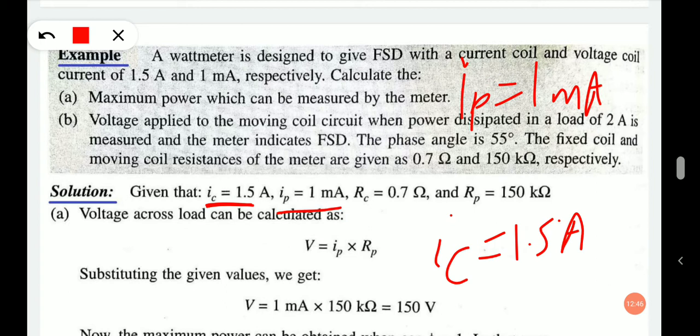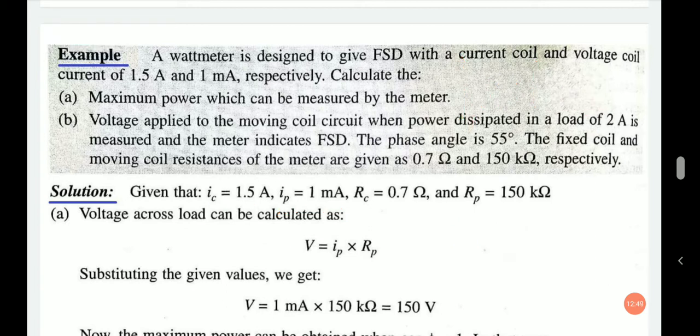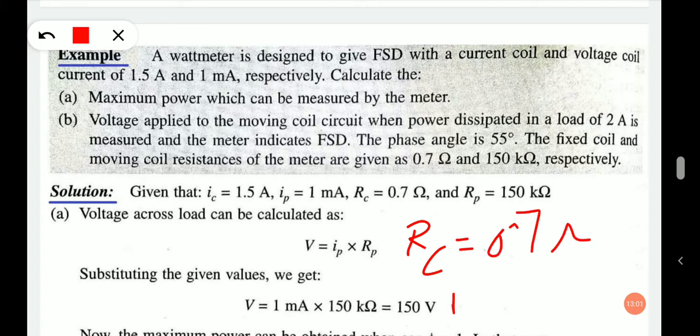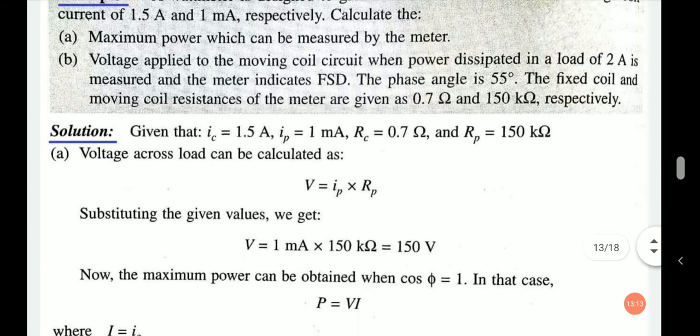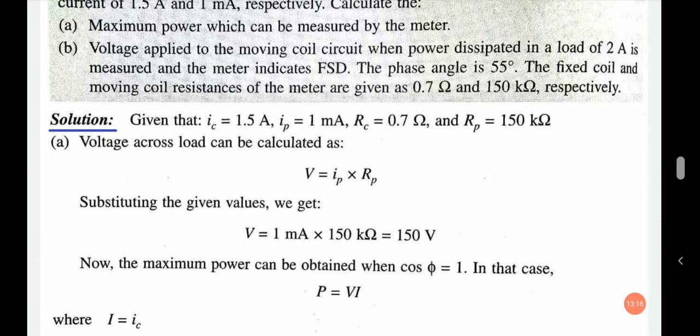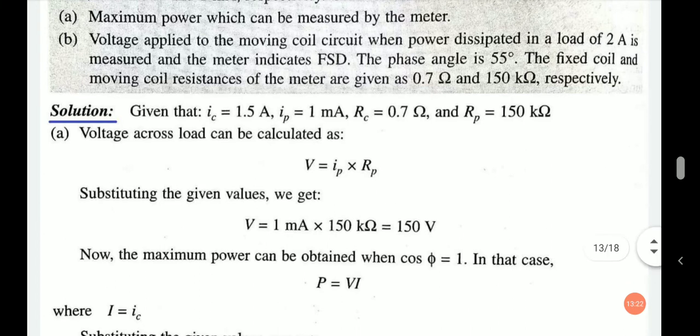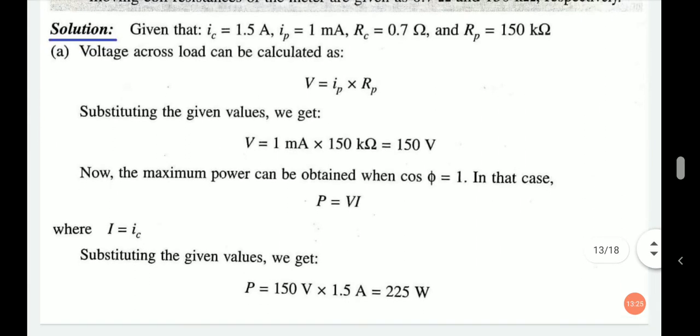Then resistances are given. Fixed coil resistance RC is 0.7 ohm and moving coil resistance RP is 150 kilo ohm. So we have to calculate two parameters. First, the maximum power which can be measured by the meter, and second, the voltage applied to the moving coil circuit. So first we will see the maximum power measured by the meter.